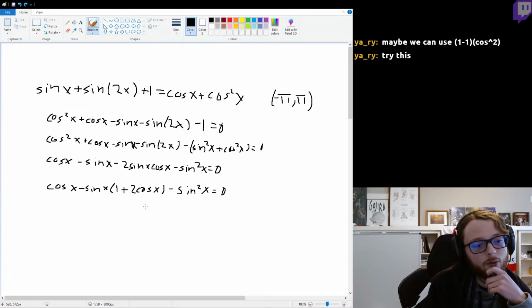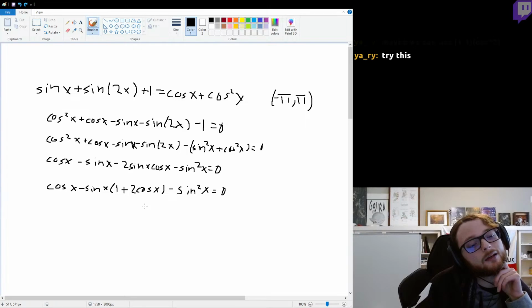One minus 1 cosine squared? Like do a plus cosine squared minus cosine squared kind of thing, I mean, to help us factor? I don't know though.